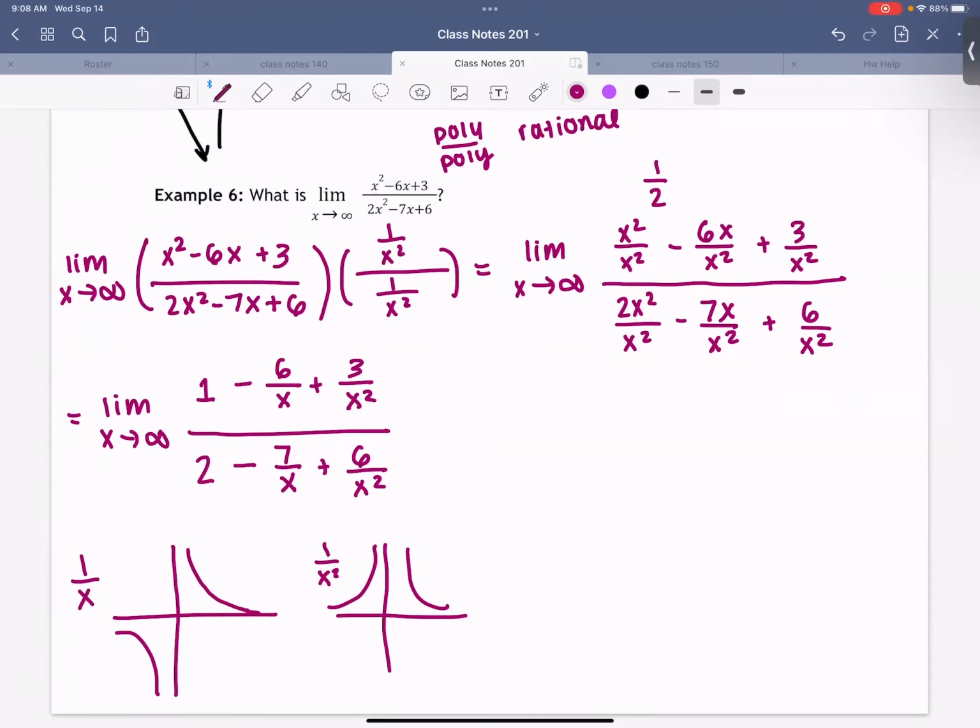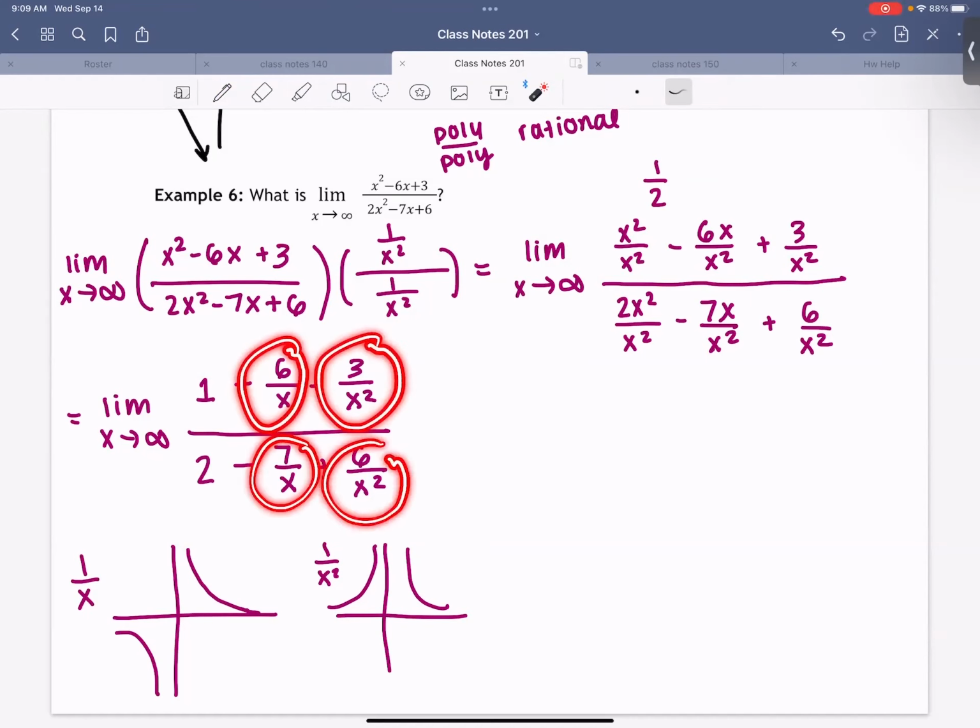Actually, if I take 1 over any sort of x, the limit as x approaches infinity is going to be 0. And even without graphing it, you can look at it and be like, okay, 1 over a really, really big number, infinity, is going to be about 0, right? Okay, so this 6 over x here, as we take the limit as x approaches infinity, that's going to be 0, right? Same with the 3 over x squared, and the 7 over x, and the 6 over x squared, right?